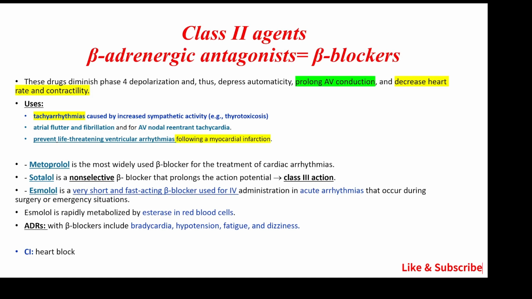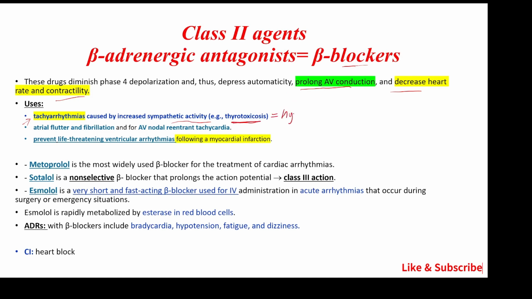Okay, moving to the class 2 antiarrhythmic drugs, we have beta adrenergic antagonists, or we call these beta blockers. This medication prolongs AV conduction, decreases heart rate, decreases contractility. This medication could be used for patients suffering from tachyarrhythmia caused by increased sympathetic activity, such as patients suffering from thyrotoxicosis.